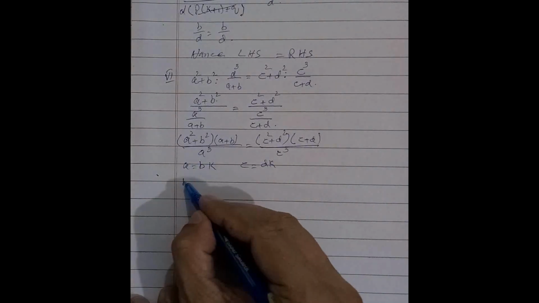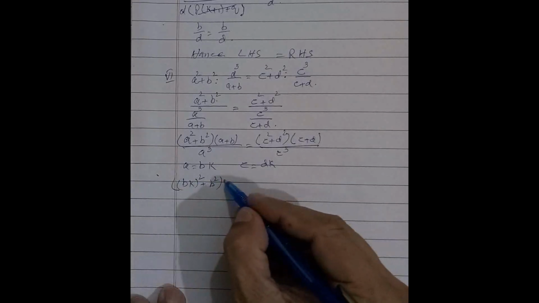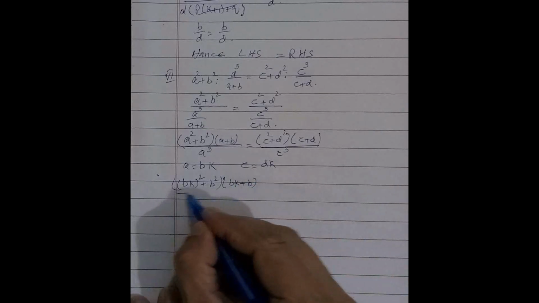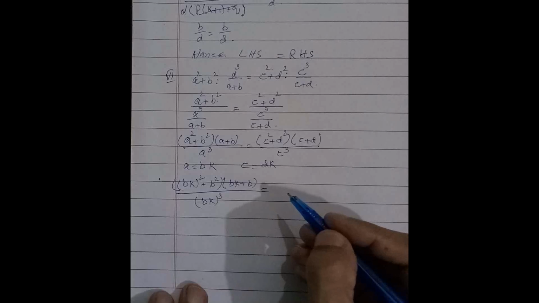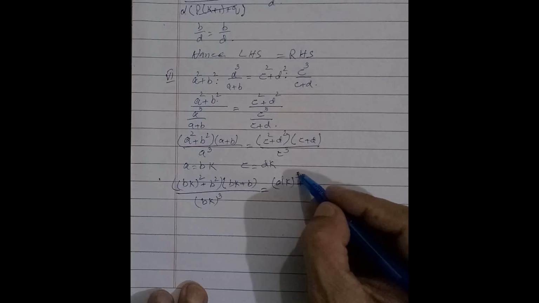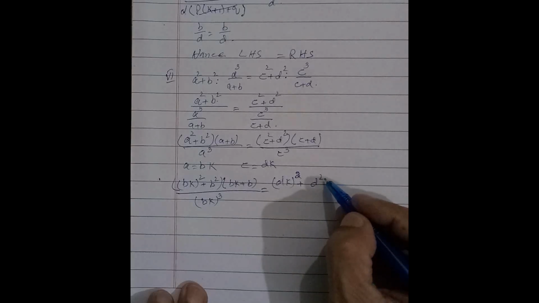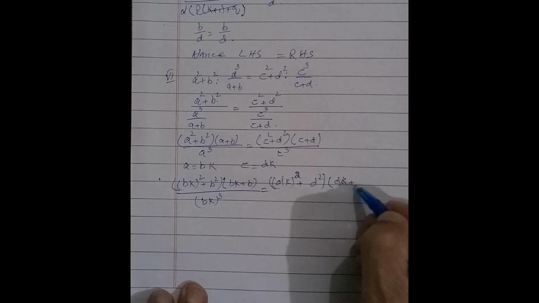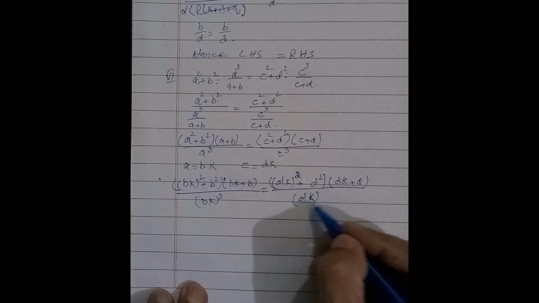We get ((bk)^2 + b^2) into (bk + b) over (bk)^3 is equal to ((dk)^2 + d^2) into (dk + d) over (dk)^3.